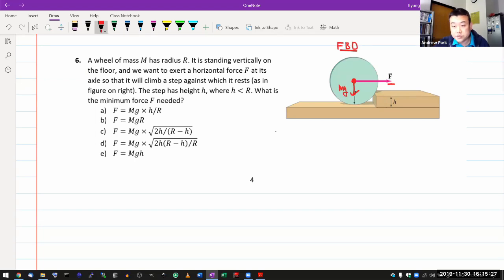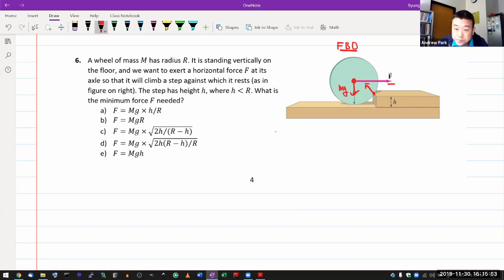Now, when you look at these two forces, the net force doesn't appear to be 0, so there must be one more force that causes the net force to be equal to 0. That's going to be a force that acts on this point. Let me call that normal force, because it is a form of normal force.